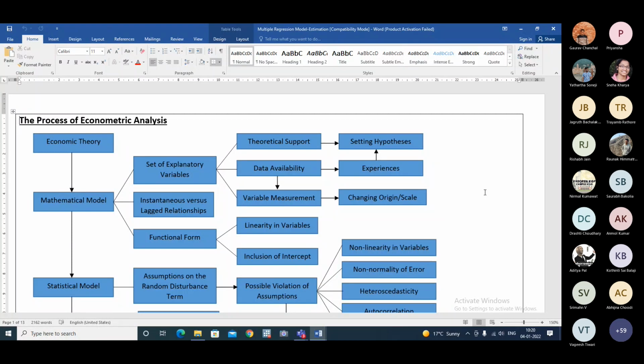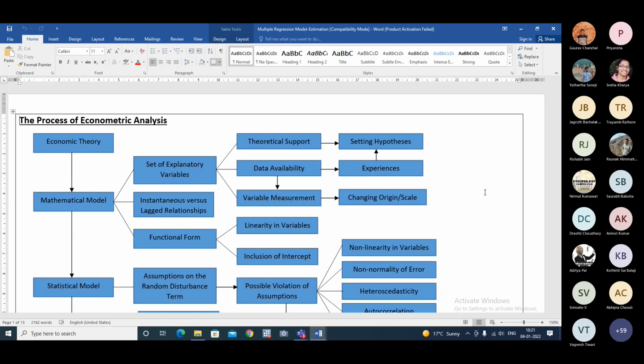Now, when we talk about econometric analysis, as someone was pointing out, we start with economic theory. Like if I talk about regression analysis, I use some data.